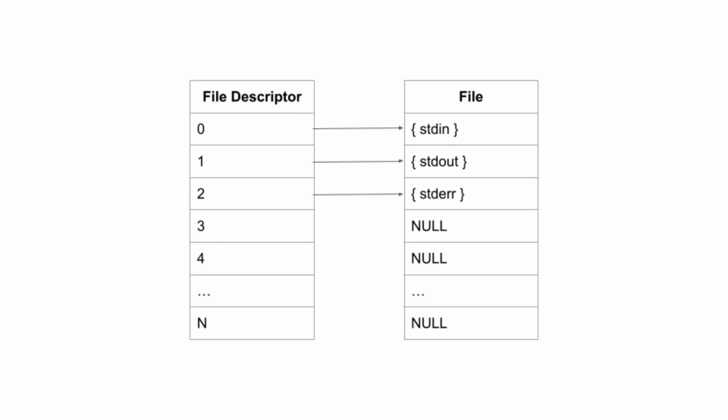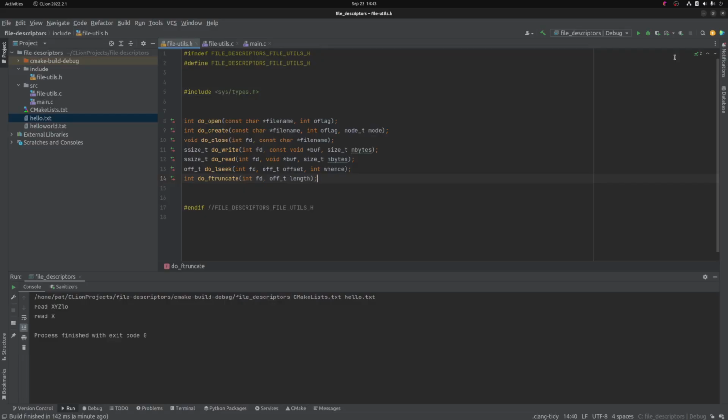Use the dup function to get a file descriptor that points to an existing file entry. Once a file descriptor is duplicated, you can read from or write to either one with the same effect. The code is straightforward.